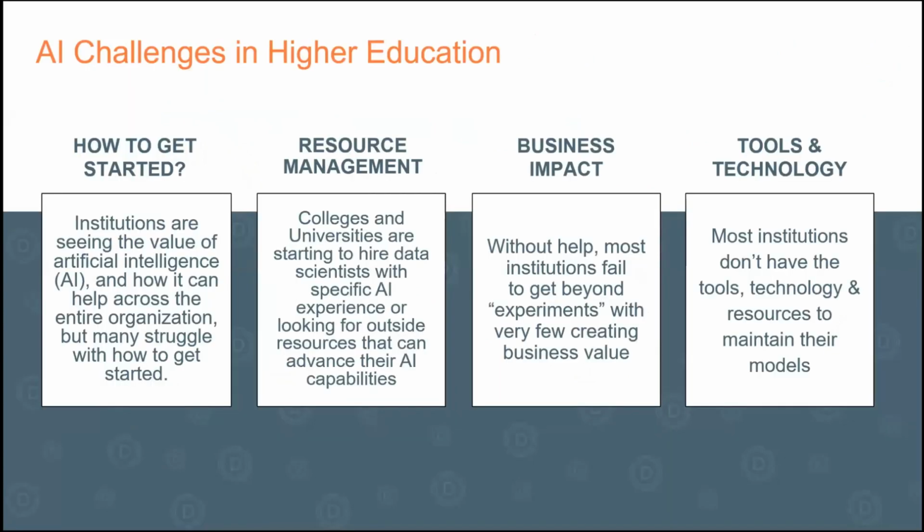So let's talk about what we see in the market and the challenges we see in higher ed for AI. First is, how do I get started? With AI being in every application we have, it's in the world right now, and everybody gets that it's here and that they're going to have to use it in their organization.